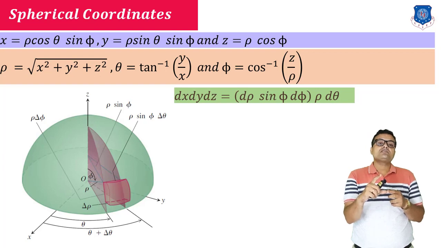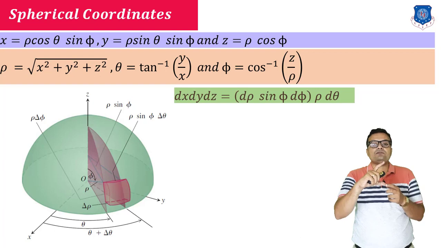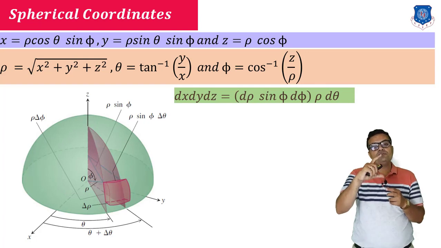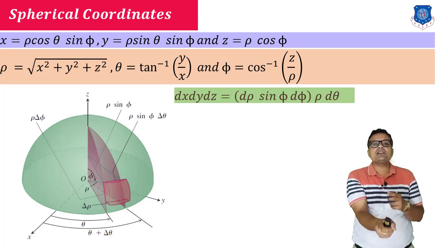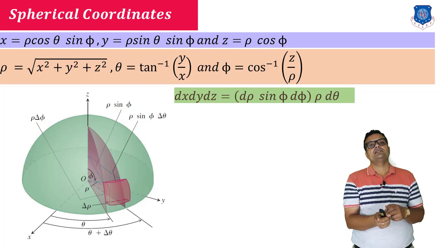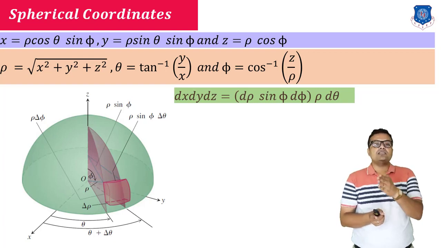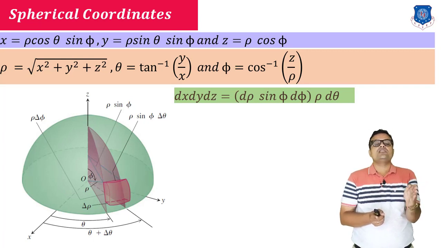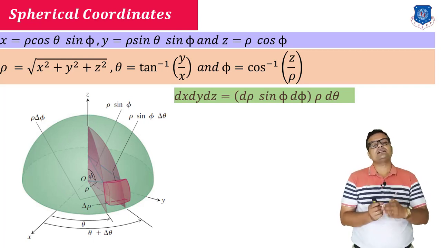So I need to consider the value of sin phi d phi with d rho. It will give you a cut which is actually a vertical cut on the solid, which is a spherical solid. And then you rotate that cut with angle rho d theta.